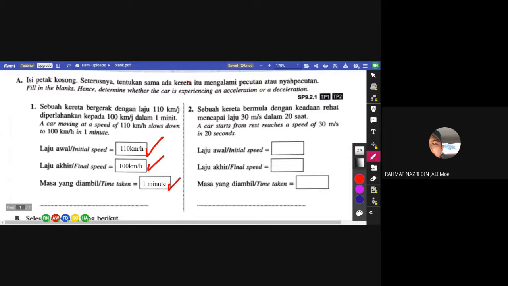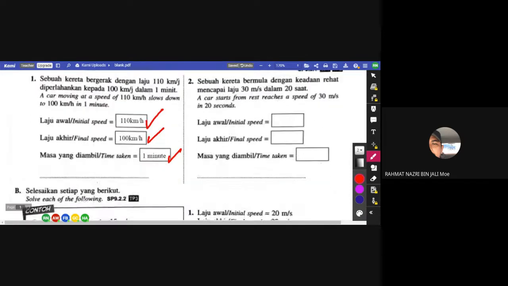Correct. So is this car experiencing acceleration or deceleration? Choose one. Write your answer here. Number 1, Gloria. Acceleration or deceleration? The key word here is slowing down. Slows down.